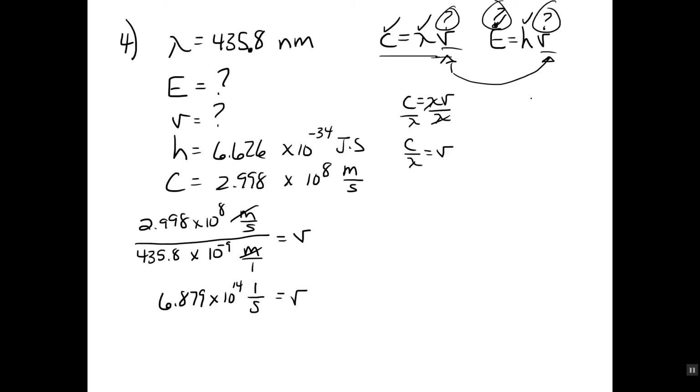Now, we need to plug that in. Like we said, we're going to plug it into the value for frequency, times Planck's constant, and this formula here. So now we know E. Actually, I can write this in here since I now know that this is 6.879 times 10 to the 14th, 1 over s. I can plug that in. So you can see now we have H and we have frequency.